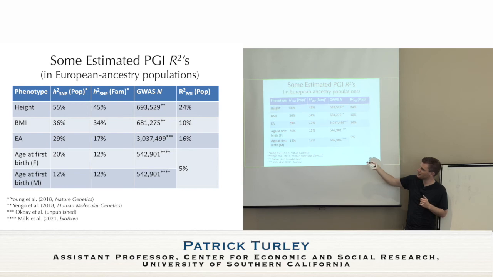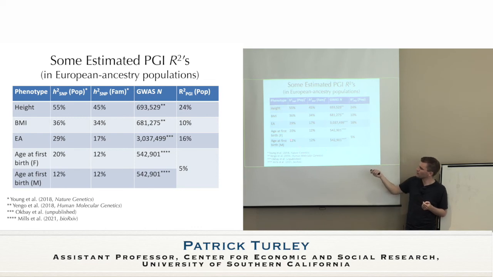Educational attainment, well, this 30% is in Iceland, so this is where things are a bit fuzzy. But for polygenic indexes in AdHealth, we're getting things as high as 16%. I think that the estimated SNP heritability in AdHealth is something like 40%. It's really big for some reason. It's a bit of an outlier in terms of heritability. But still, 16% is what we can get in some available samples.